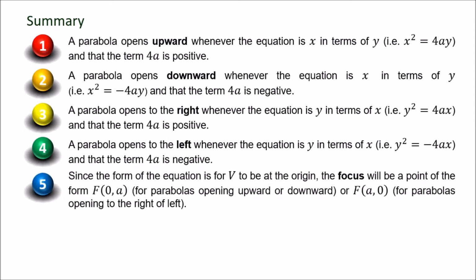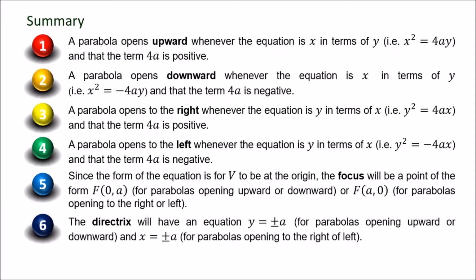Since the form of the equation is for the vertex to be at the origin, the focus will be a point of the form (0, a). This is for parabolas opening upward or downward, or the focus would be of the form (a, 0). This is for parabolas opening to the right or left.